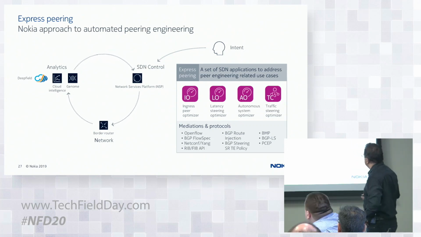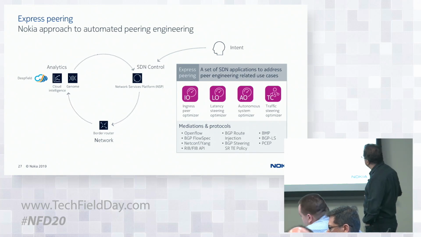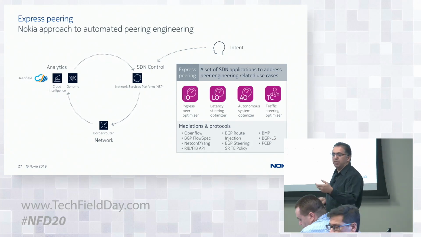So we will show you a bit more how this works. In addition to that, we took the approach of different applications that control inbound traffic, and that control outbound traffic based on latency. Typically, for outbound, most of the requests are around latency, not about bandwidth, not even about cost on the peering side.